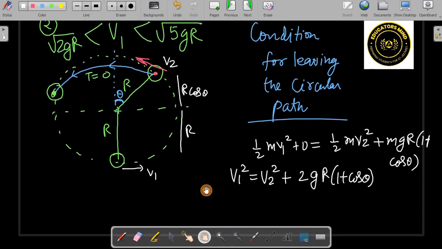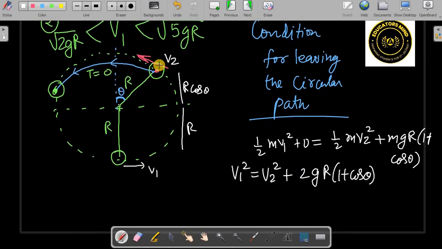Now we can also see how things are taking place at this point. If you draw the forces, tension is 0 and the only force is mg acting here. This is also theta. In this direction, the component of force is mg cos theta, and this mg cos theta is acting as the centripetal force.